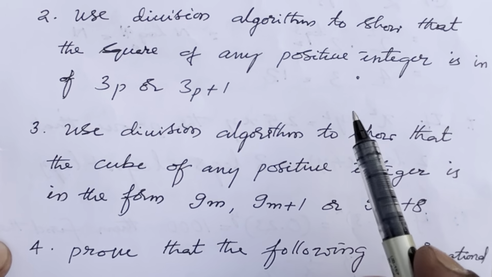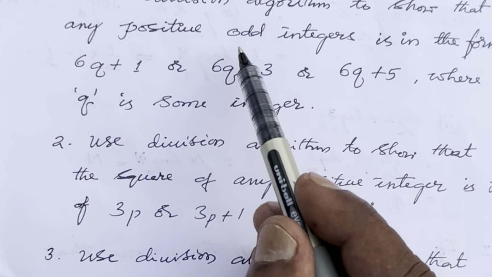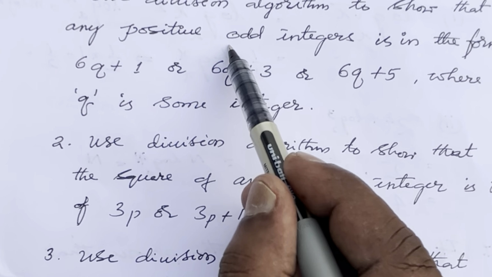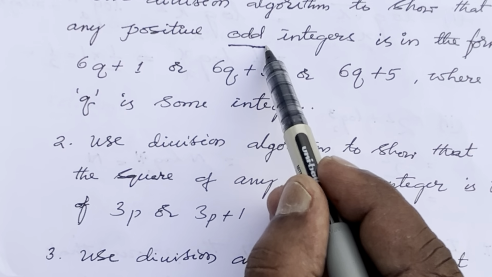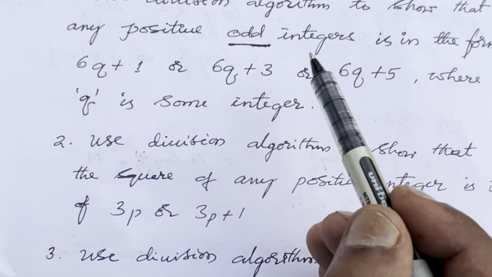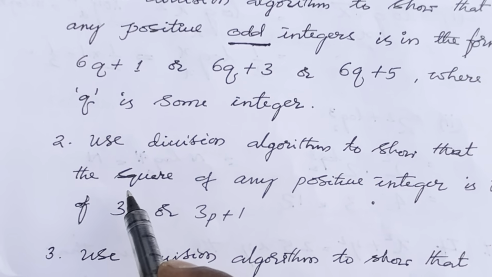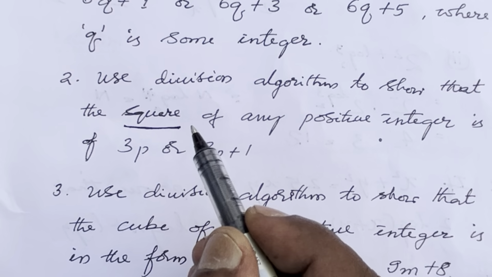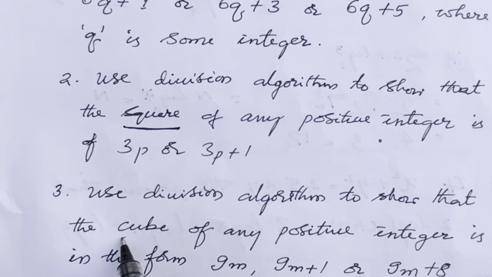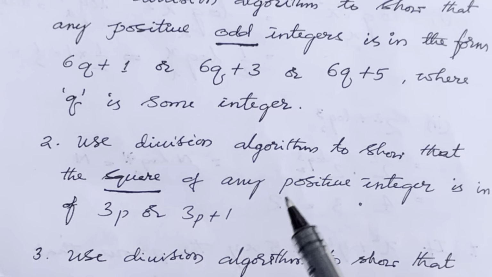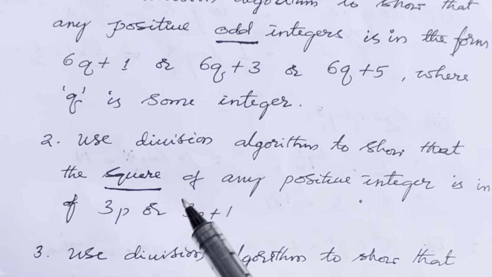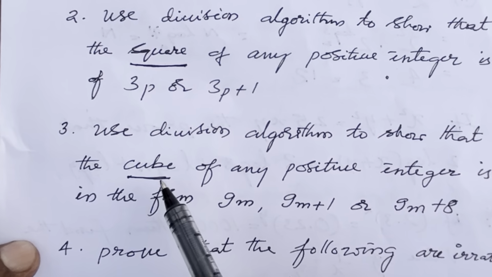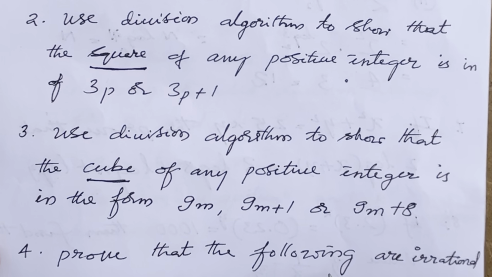You can see one interesting point here. In the first sum, you can see odd integer. Here to concentrate, we have to find out the odd integer. In the second sum, the square of the positive integer. The third sum, the cube of positive integer. So here is an odd one, here is a square, and here is a cube. And some more problems are there here.